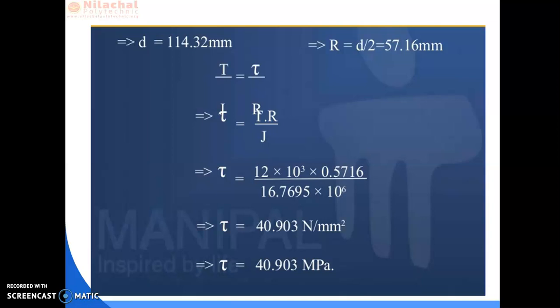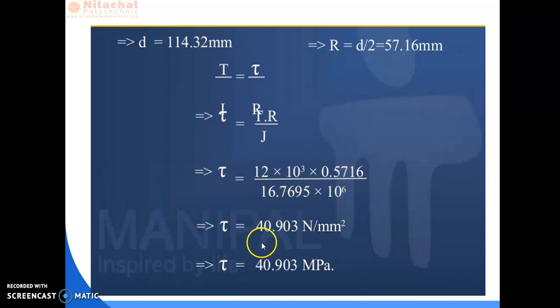Next, we have to go for calculation of the maximum shear stress. For maximum shear stress, we have to remember the formula from the torsion equation, T by J is equal to tau by R. Now, we get tau is equal to capital T into R divided by J. So, putting the value of capital T as 12 into 10 to the power 6, R as 57.16, divided by J, which you have already got in the earlier expression, 16.7695 into 10 to the power 6.